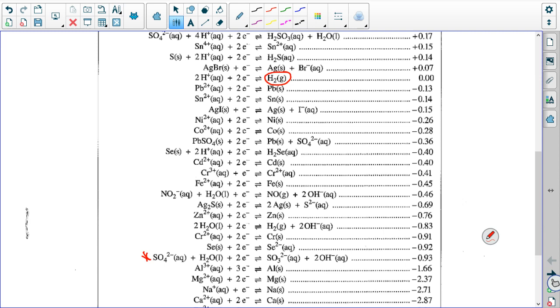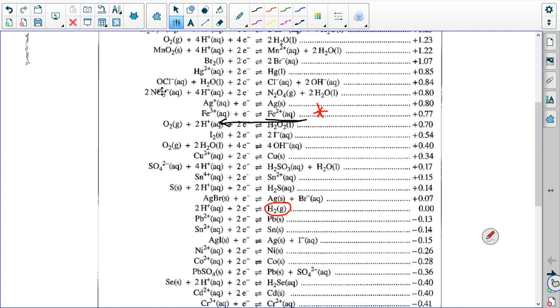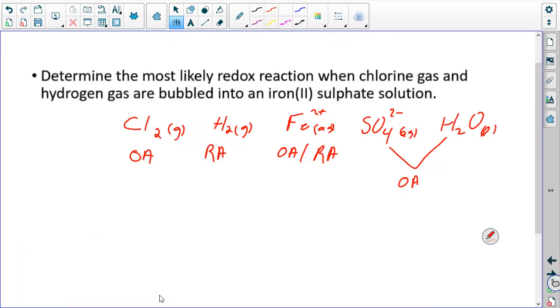And the final one is water by itself. Water by itself is an OA, and water by itself is an RA. Need to go a little higher, up here. Okay, so water is both an OA and an RA. Because it shows up so often, you should just have that one memorized.